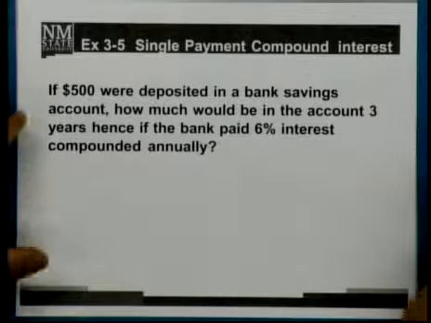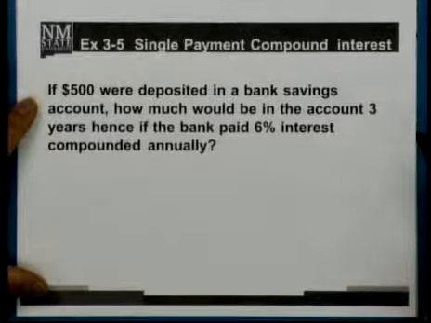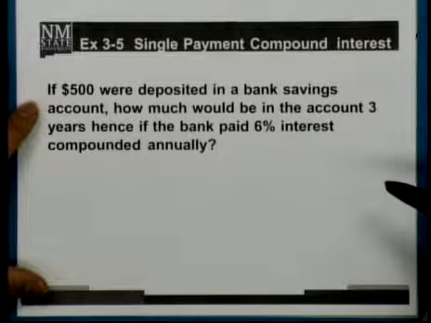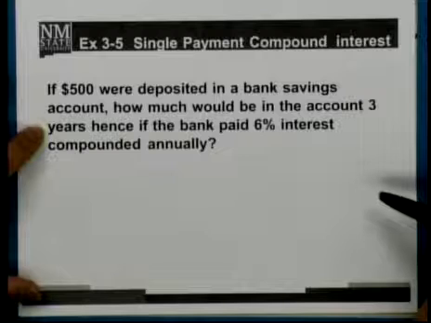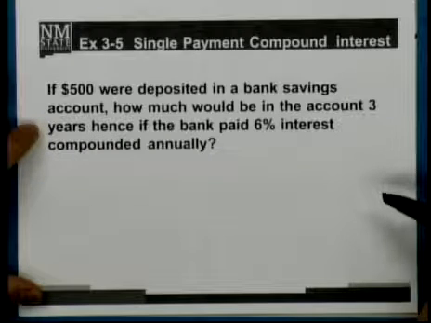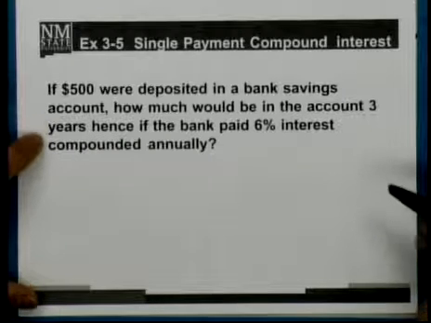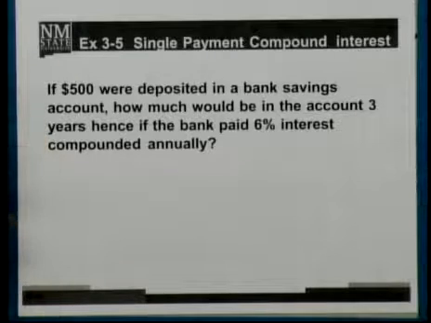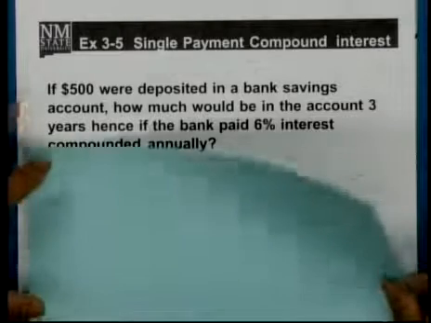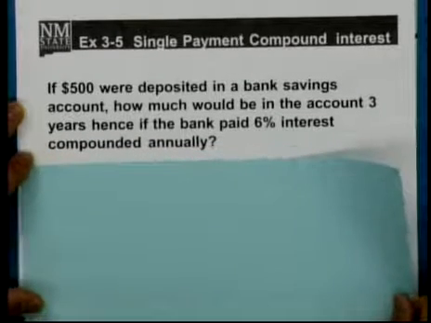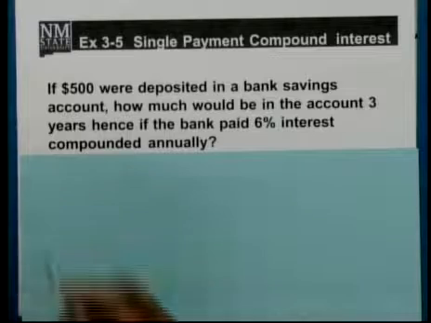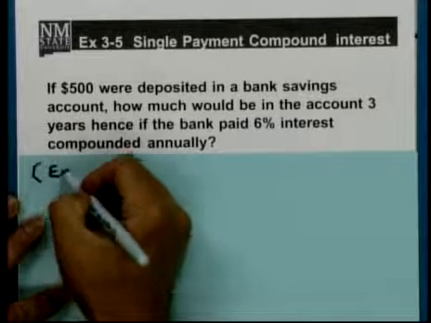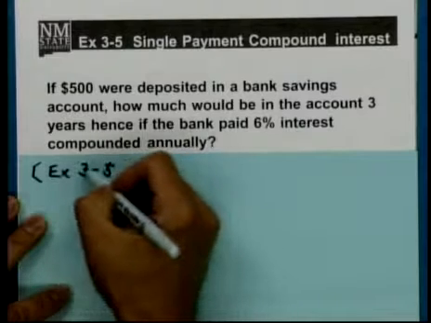If $500 were deposited in a bank savings account, how much would be in the account 3 years hence if the bank paid 6% interest compounded annually? So we are solving example 3-5, right?